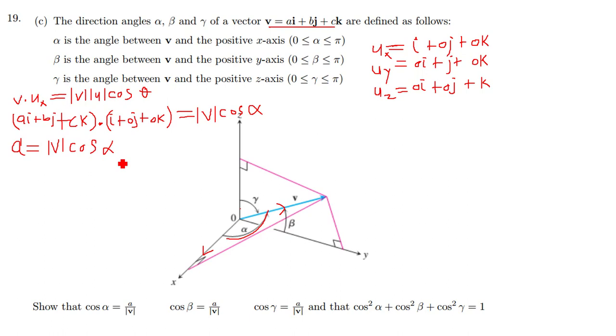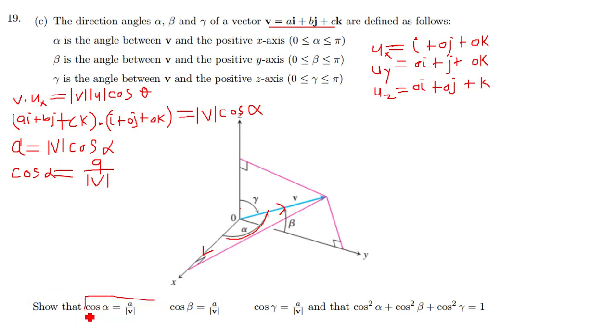Now to make cos alpha the subject, we have cos alpha equal to a over the magnitude of v. So we have managed to derive this part.